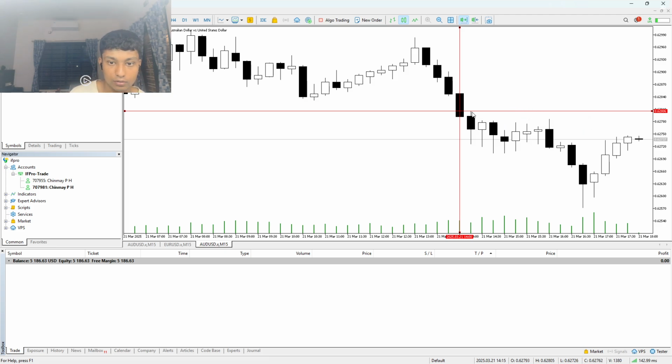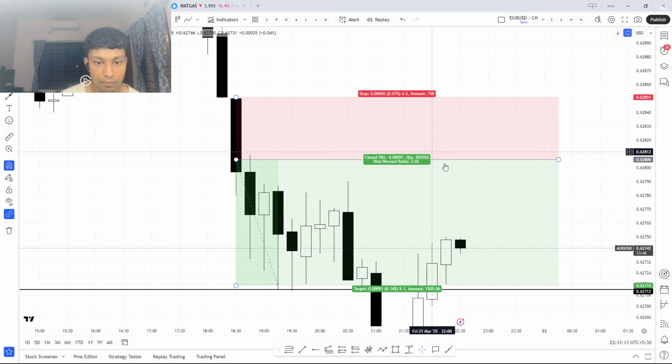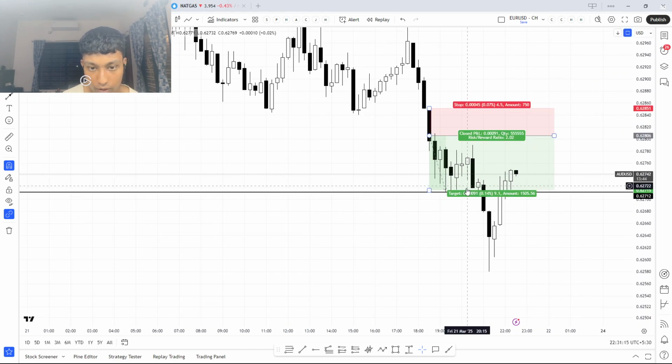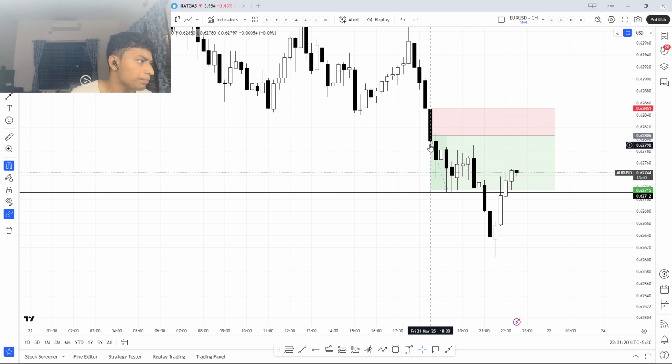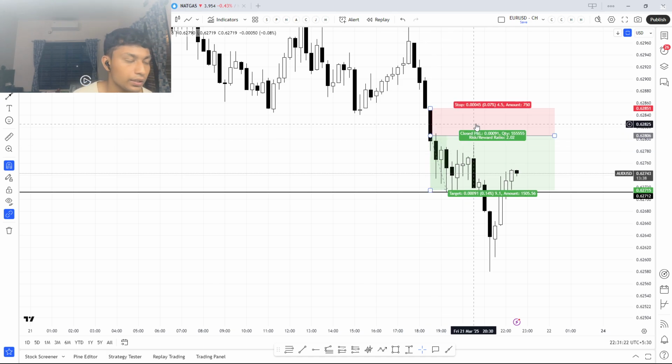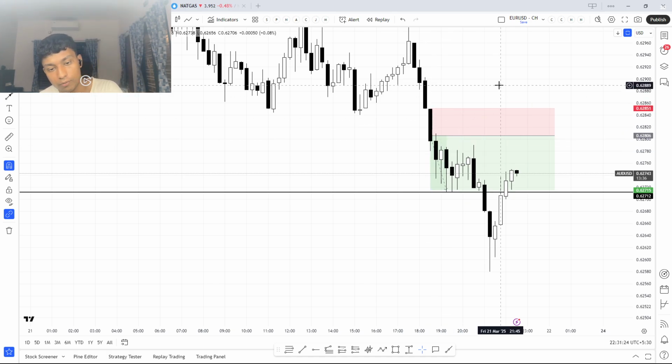Now I can't zoom in anymore, but I ended up missing my order, and then the trade played out again in the same direction. The trade started playing out, and I did get my target eventually. So there was a pretty big difference between my TradingView chart and my broker chart.